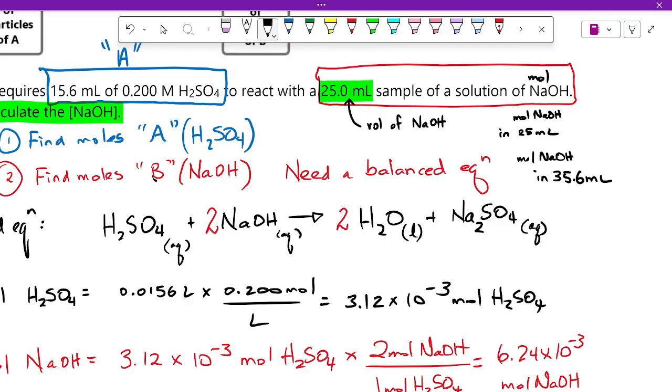So when they ask you for the concentration of NaOH, they're always looking for the initial concentration of NaOH, because the final concentration will always be 0. When you're doing a titration, you're using up the reactants completely. The point of a titration is that there's no excess of A, there's no excess of B, they react completely, and so your reactant concentrations are 0 at the end of the titration.